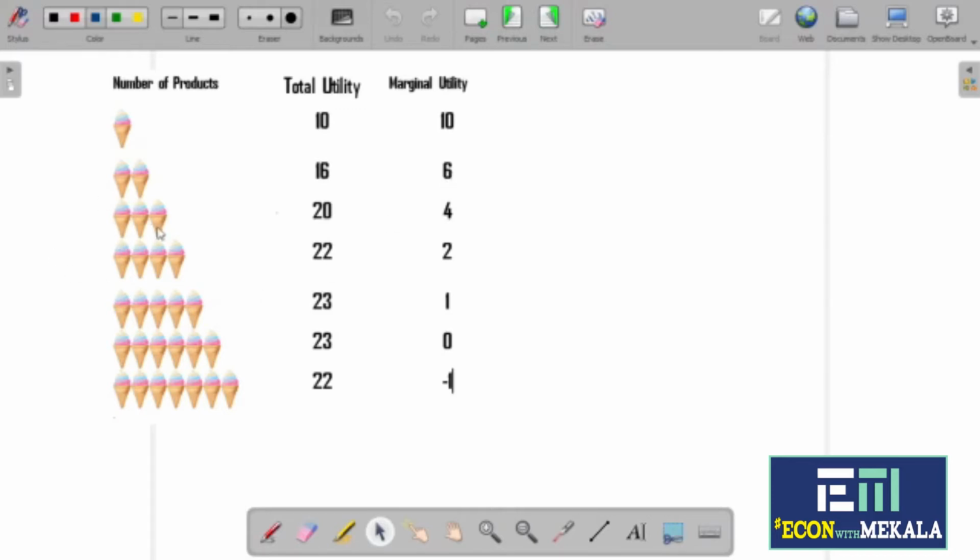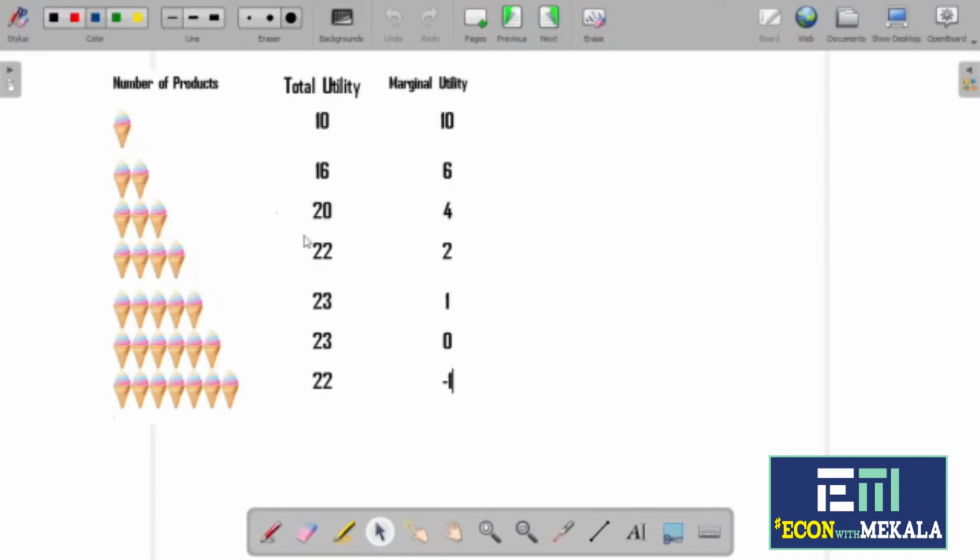When he starts consuming the third ice cream, probably he no longer has the desire to eat ice cream, but he still wants one. So his total utility goes to 20. 20 minus 16 is 4. 4 is the additional enjoyment or happiness this consumer received by consuming the third ice cream.